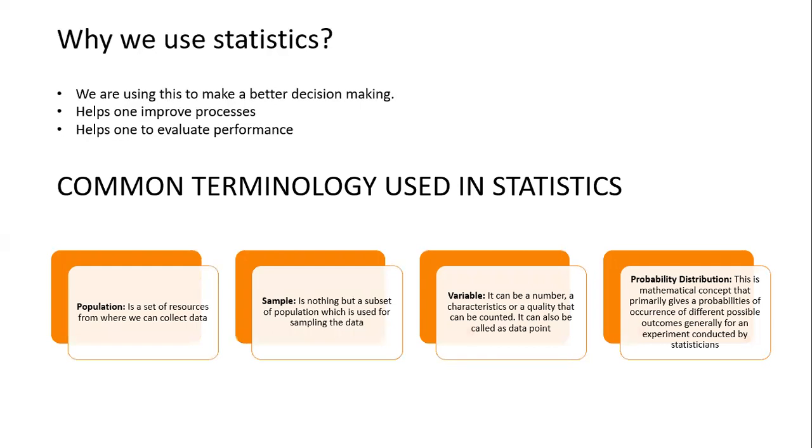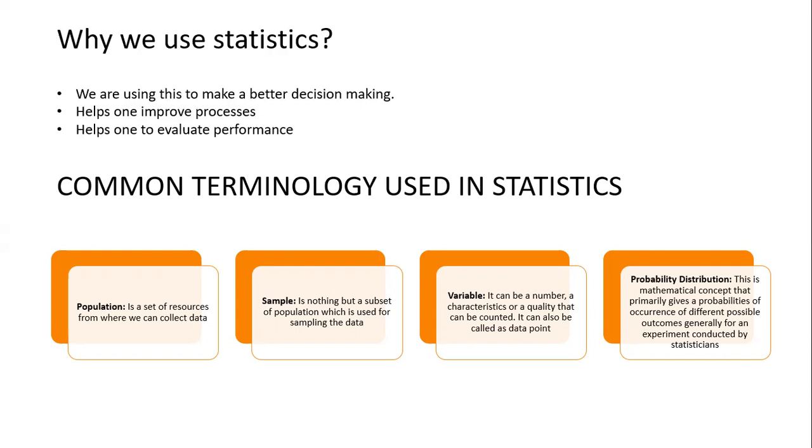Coming to the population, this is a set of resources from where we can collect the data. And sample is nothing but a subset of the population we have, which we use for the sampling of the data. And variable, even if we are not good at coding, at least we know the basics, so we would know what a variable is.